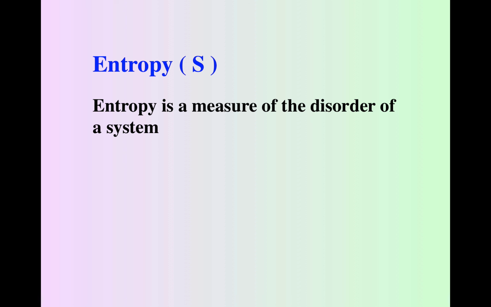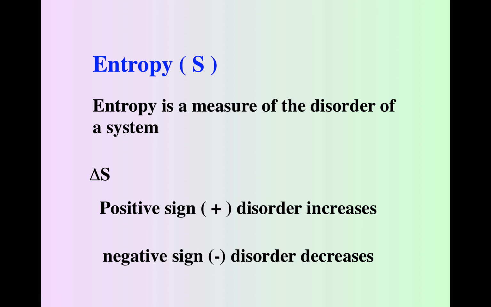So we live in a disordered universe. That's the more natural outcome of things, the more probable outcome. So anytime you have a system that's becoming more disordered, that's a more likely system. If you have a positive sign on disorder, this implies that you're going towards a more natural state. A more natural state is a more disordered state.